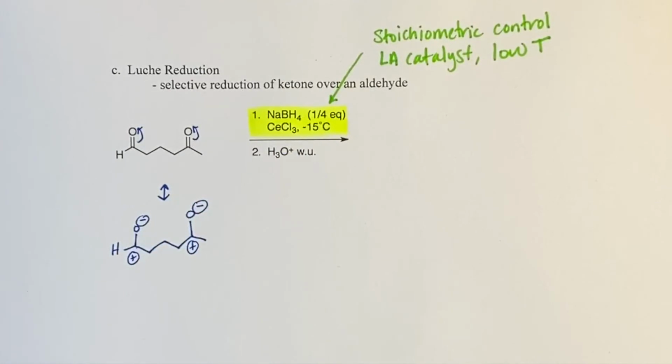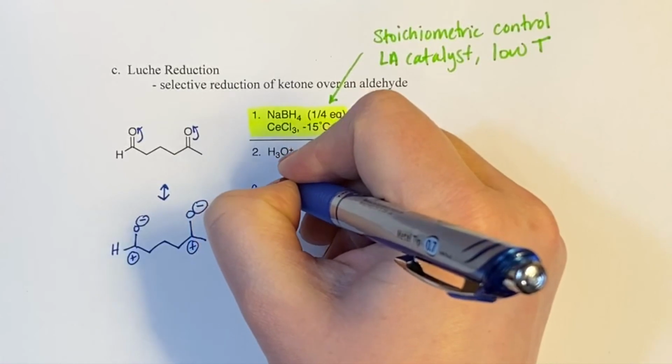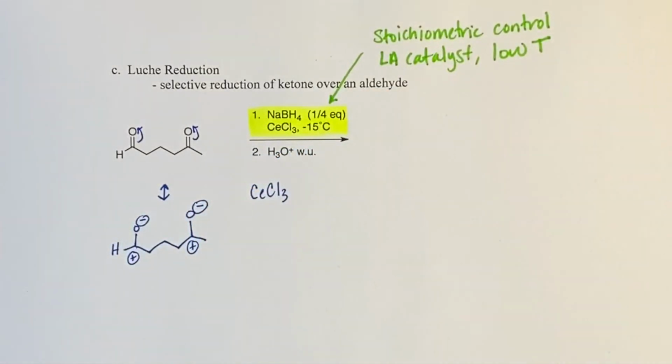And that structure looks like this. So in this reaction, I also have my cerium 3 chloride, which will act as my Lewis acid, and it's going to be a very good acceptor of electron density, and it's going to accept electron density from the oxygen that has greater electron density.